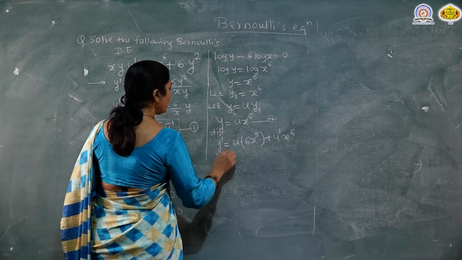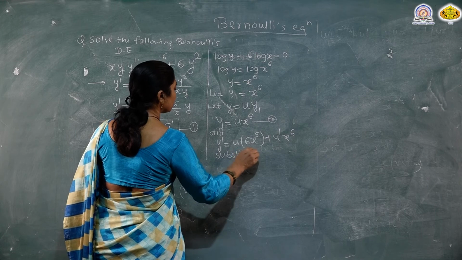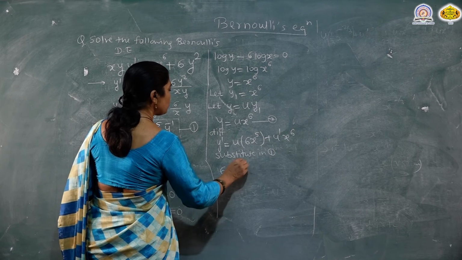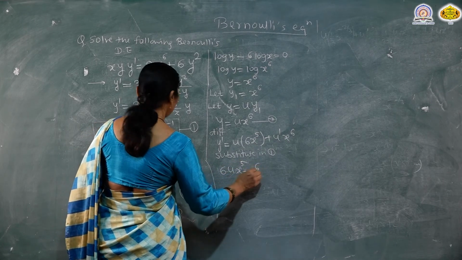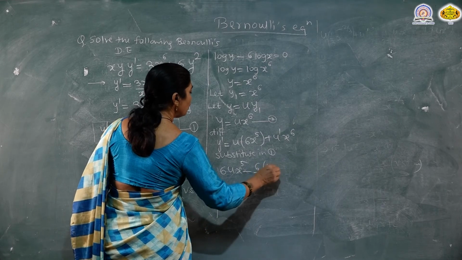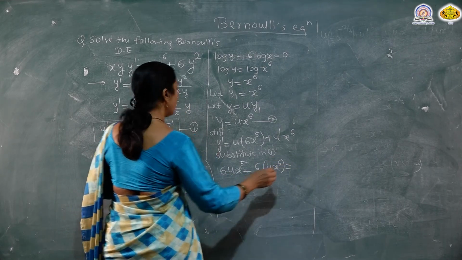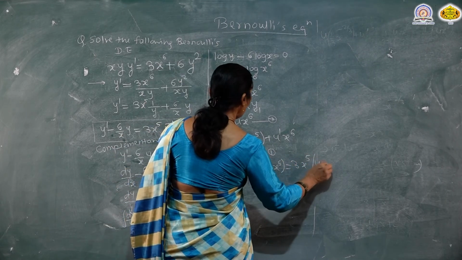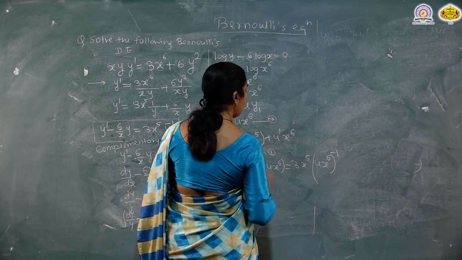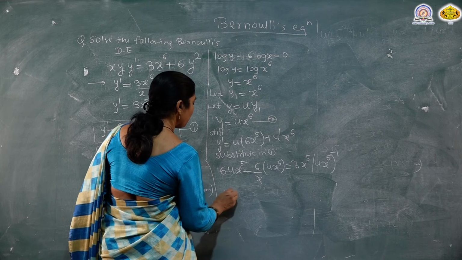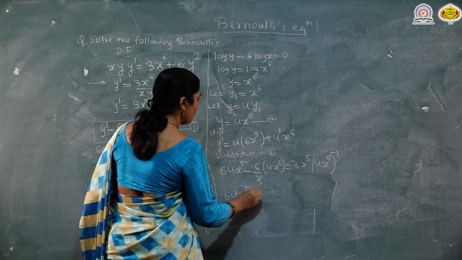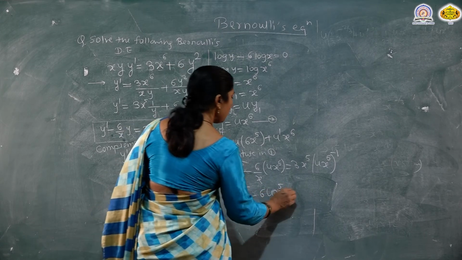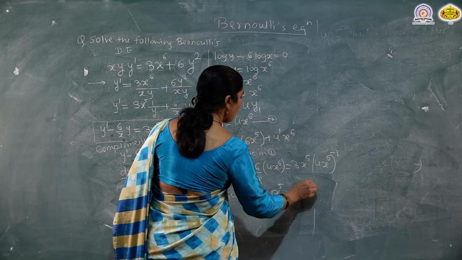We get 6u x raised to 5 plus u dash x raised to 6, this is the value of y dash, minus 6 by x, the value of y is u x raised to 6, is equal to 3x raised to 5 into y raised to minus 1.